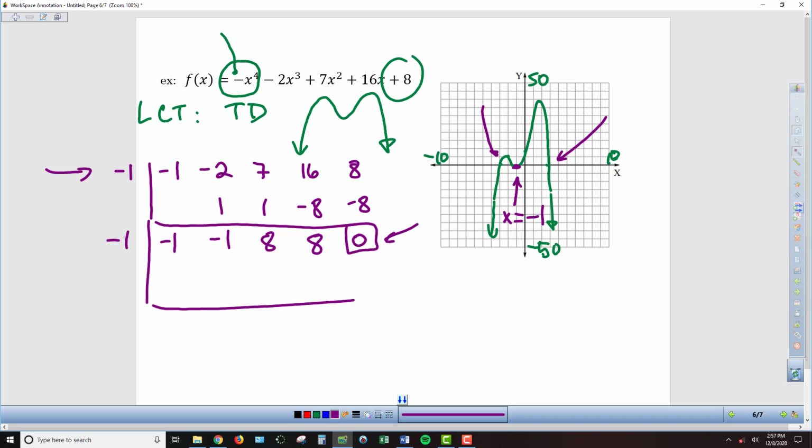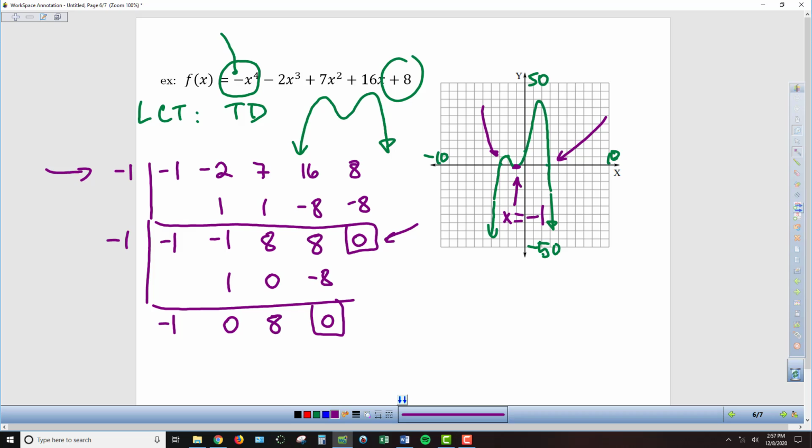Bring down the -1. -1 times -1 is 1. If I add -1 and 1, I get 0. 0 times anything is 0. Bring down the 8. Adding 8 plus 0 to get 8, -1 times 8 is -8. And if I add one more time, I get 0, which is what I should get.